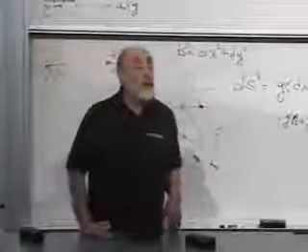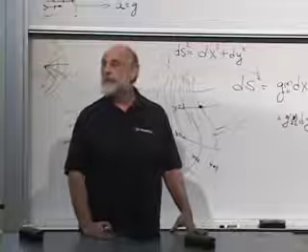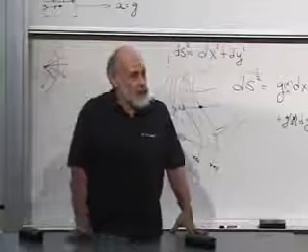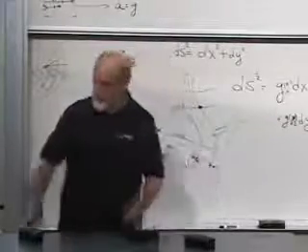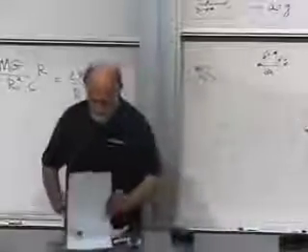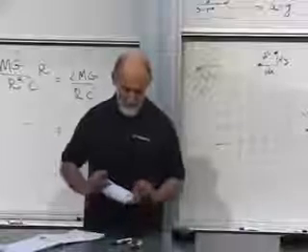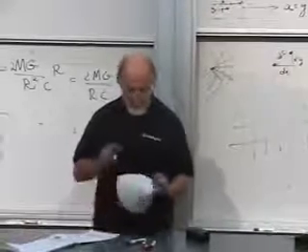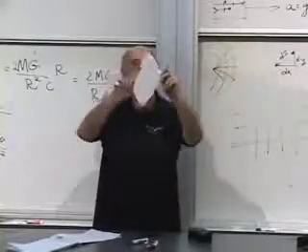A cone. What about a cone? Yeah, a cone is flat everywhere except at the tip, because you can always take a cone, unwrap it and spread it out on the table. There's a cone, right?